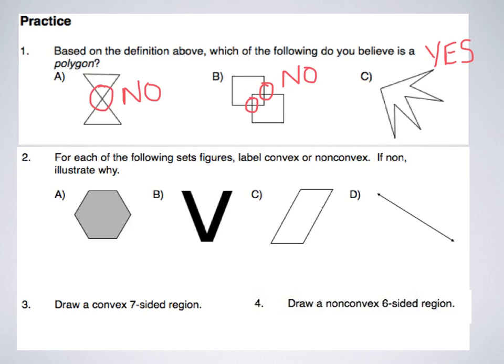And down here, convex or non-convex? Well, again, if I pick a point here, connect them, they stay inside. I don't see any way I could draw a line that goes outside, so this is convex. With letter B, if I pick a point here and connect them, that goes outside, so this is non-convex.